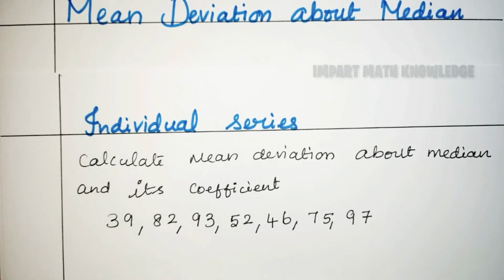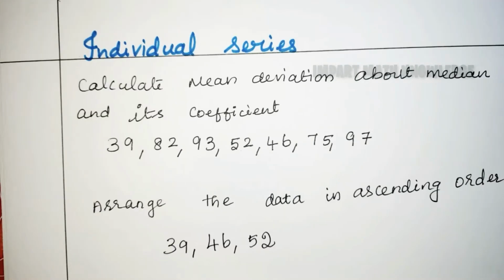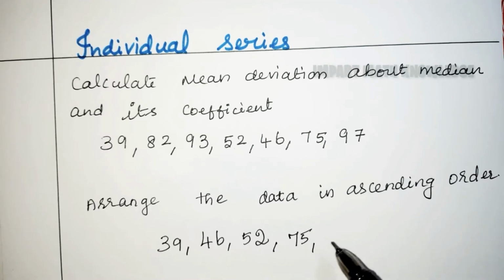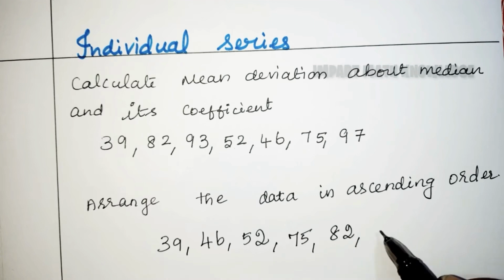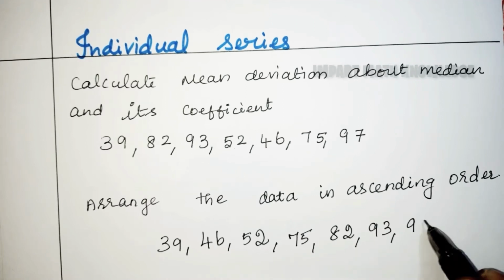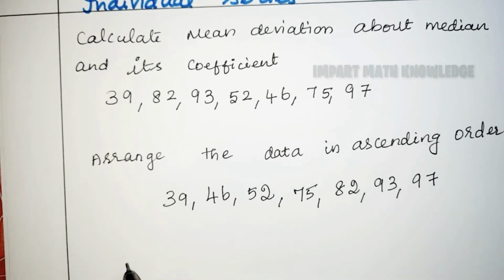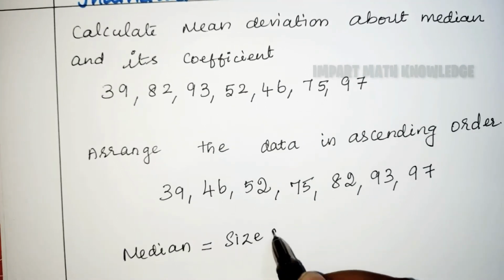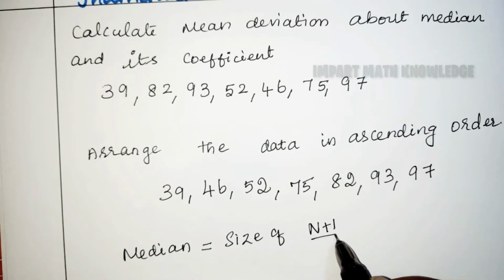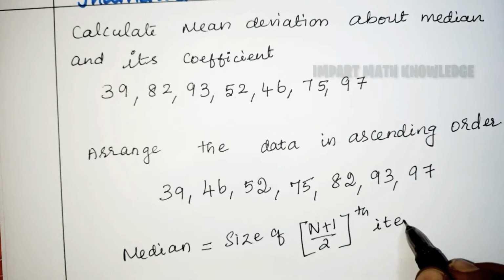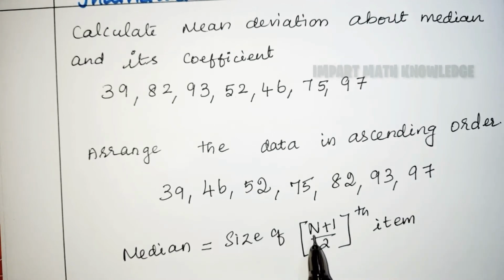For finding median, we have to write the given data in ascending order: 39, 46, 52, 75, 82, 93, 97. Median for individual series is size of (n plus 1) by 2th item, where n is equal to number of items.